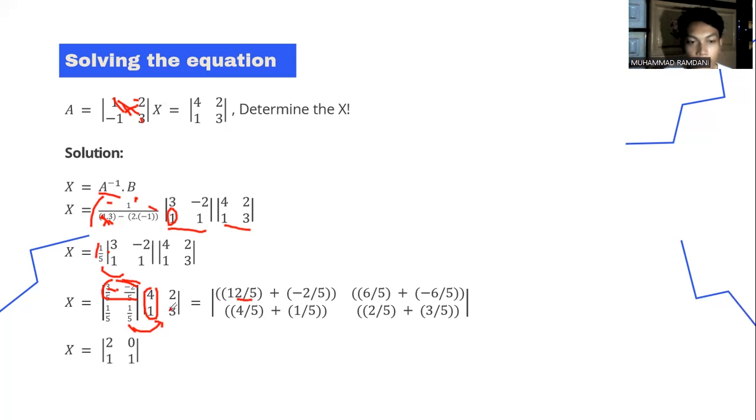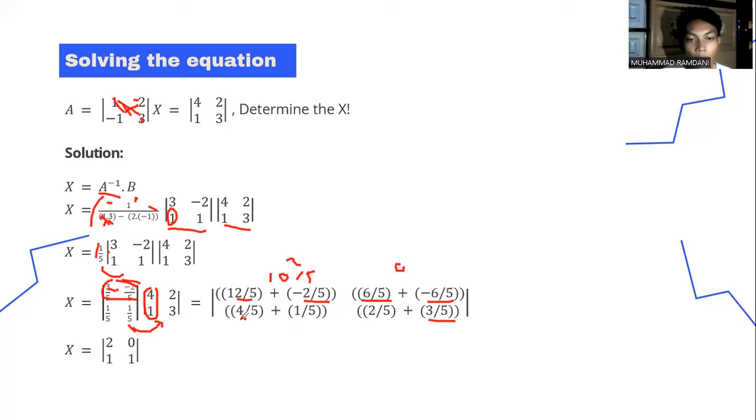After we multiply these numbers, we need to calculate the fractions. 12 per 5 plus minus 2 per 5 becomes 10 per 5, which is 2. Here, 6 per 5 plus minus 6 per 5 becomes 0.